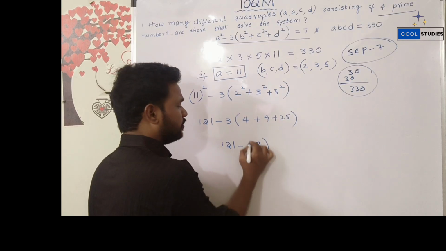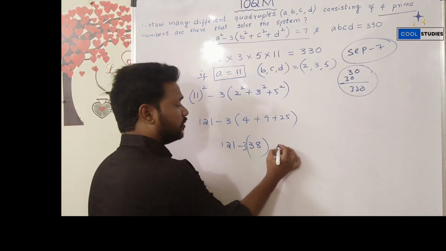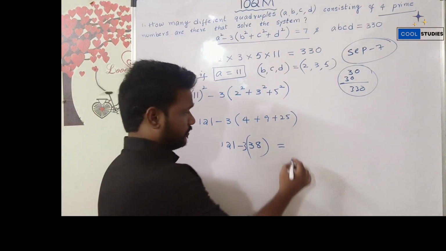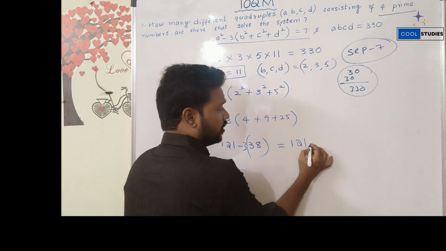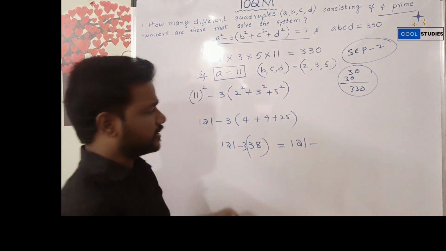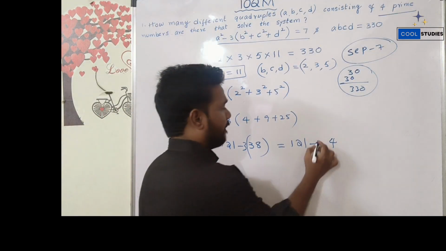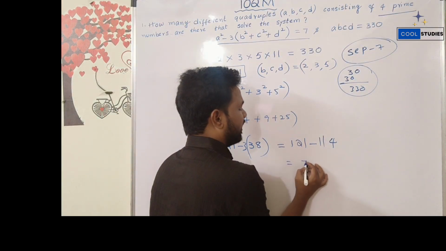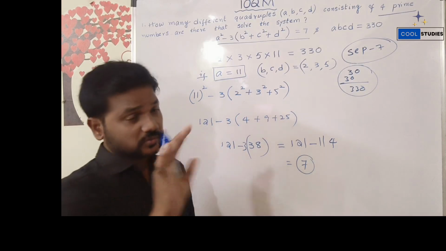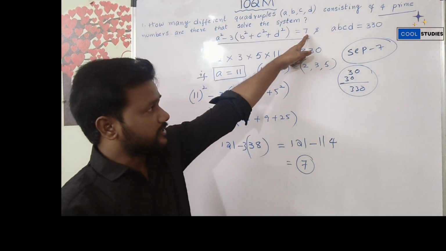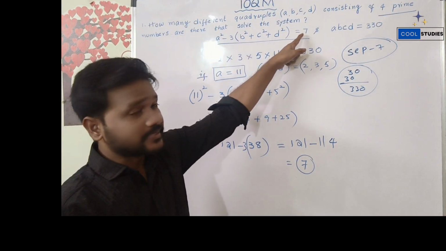So 3 into 38 is 114. 121 minus 114, so what is the final answer? 7. You observe that we got the RHS. We got the answer 7, right?